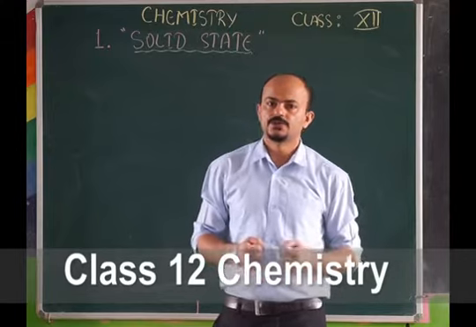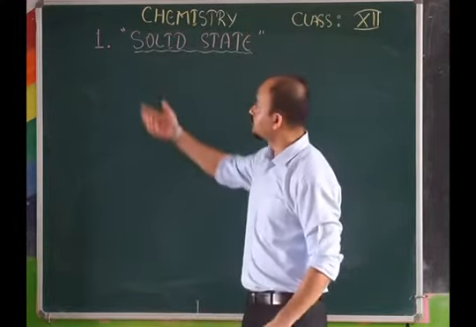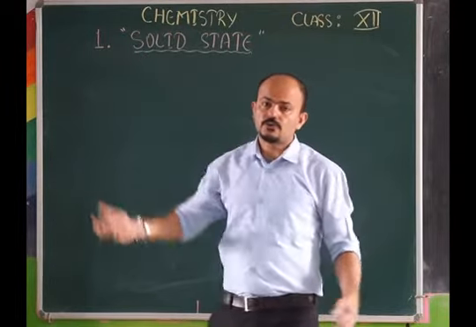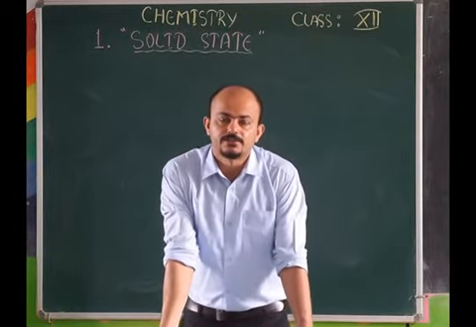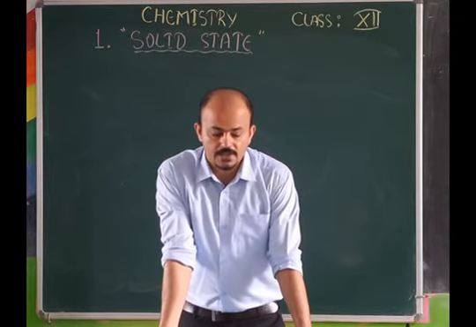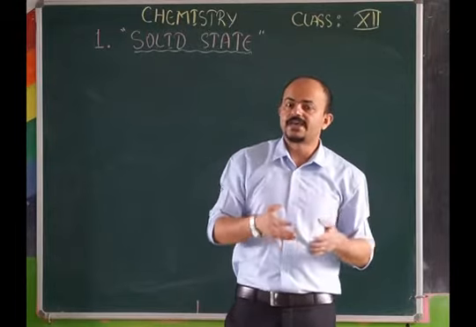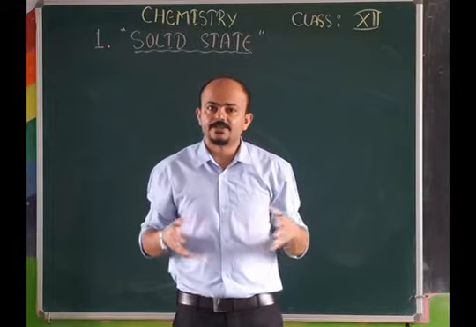Class 12. So today we'll be starting with a new chapter, the first chapter in your book, that is solid state. About solids, you already have the idea. Solid is one form of matter in which the units, the atoms and ions, are very closely packed and very rigid.